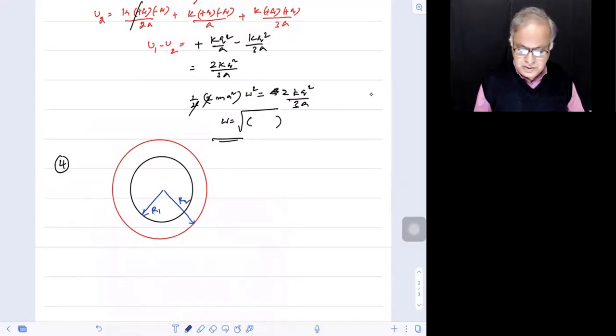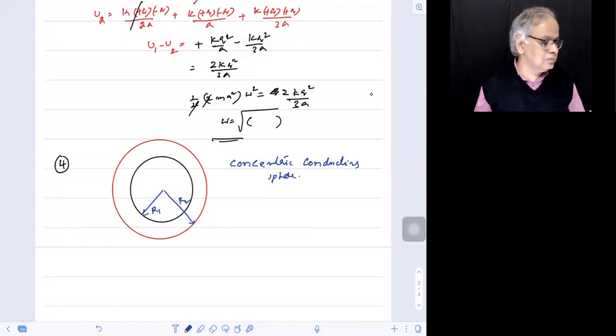Concentric conducting spheres. The outer one is a shell. The outer one is hollow, means it is shell-like.